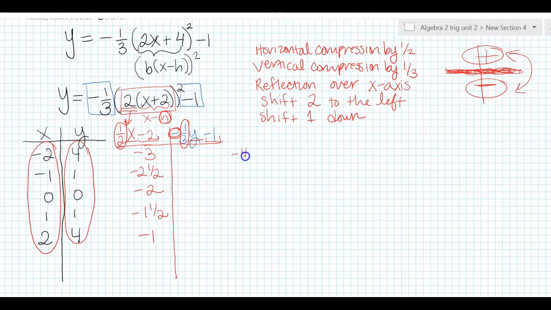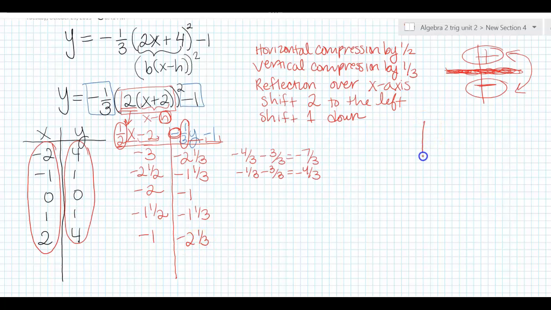Let's see. So this would be -4/3 minus 1. It's -7/3, -2 1/3. And then for 1, I have -1/3 minus 1. It's -4/3, or -1 1/3. For 0, I have -1. And similar values here.